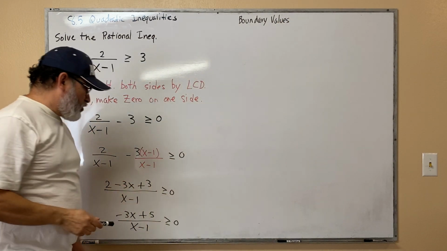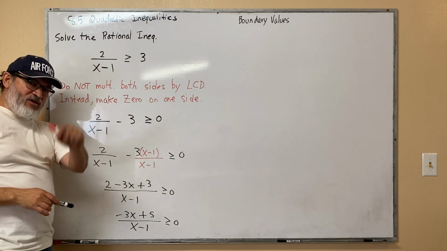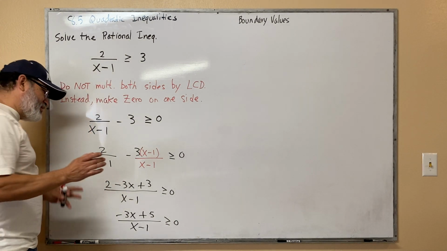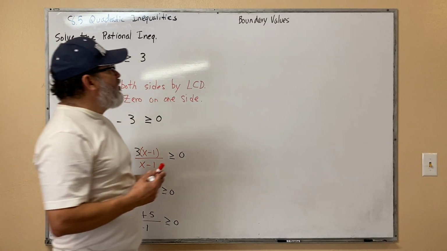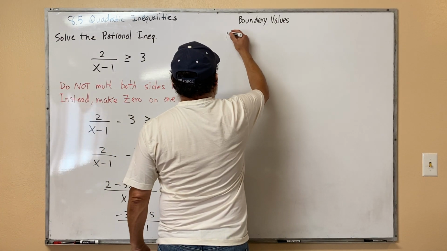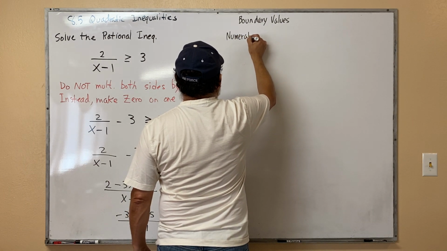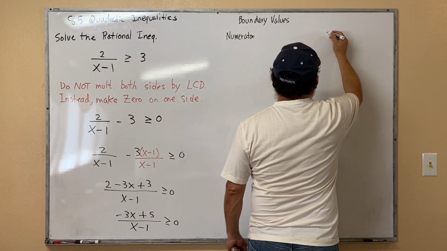Okay, so we have boundary values coming from the numerator, and boundary values coming from the denominator.